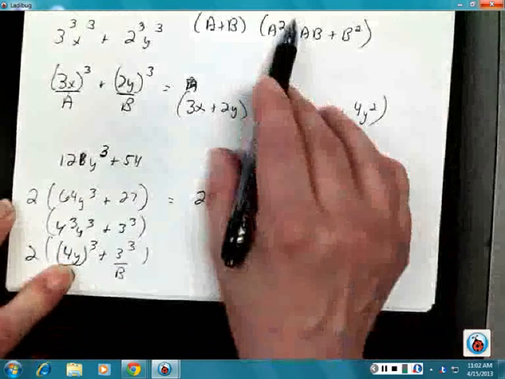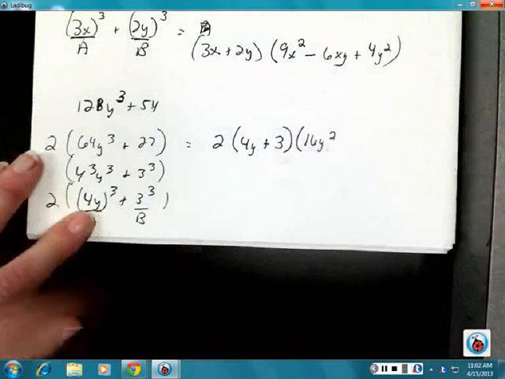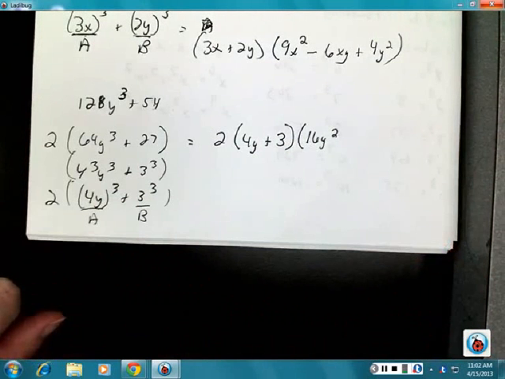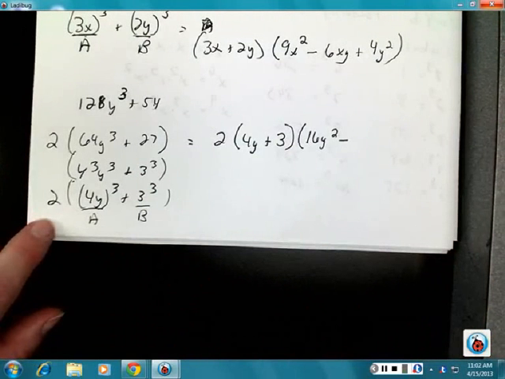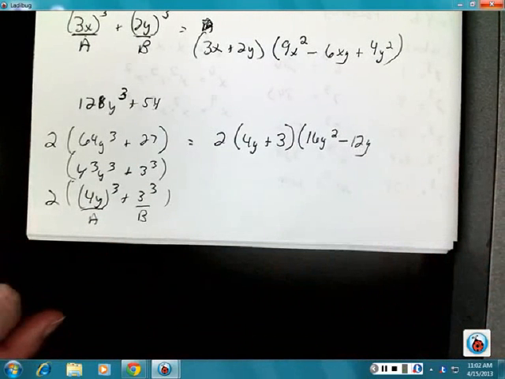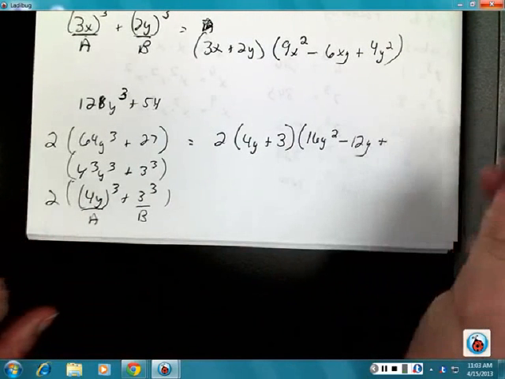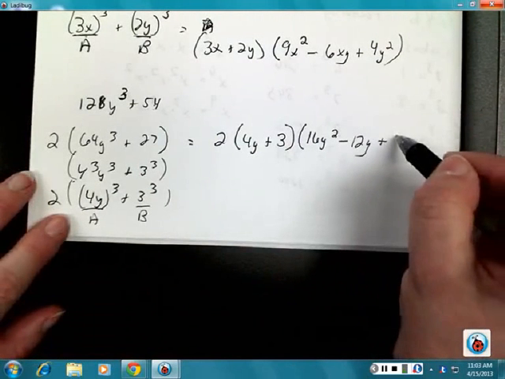Remember, I got to square my A. 16y squared. Minus AB. Right? 4y times 3 will give us 12y. Perfect. And then the last thing is going to be 3 squared, which is 9.